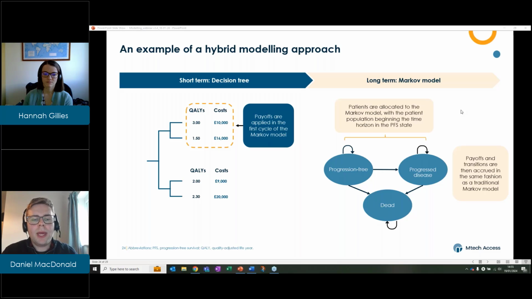The distribution of patients across the different states would also be reflective of the decision tree outcomes and the response status they've received.